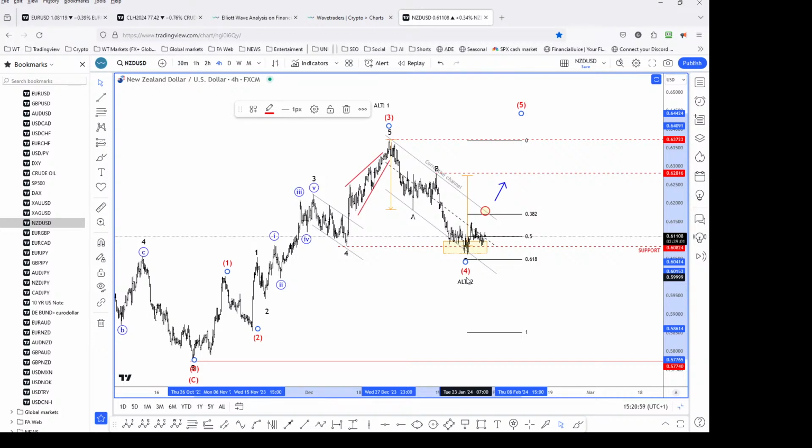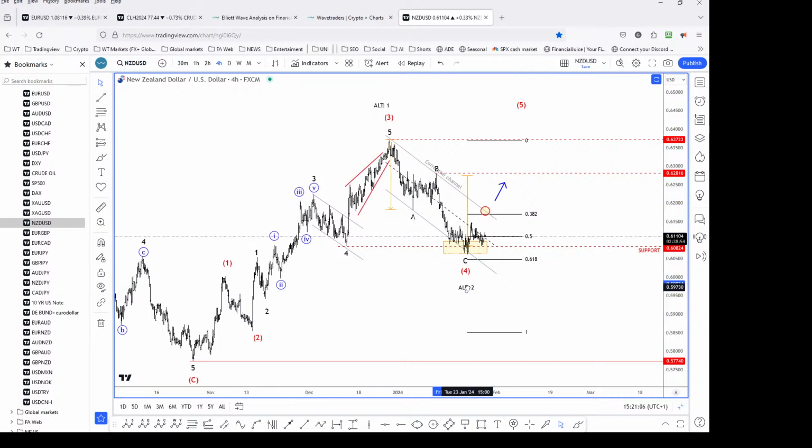So beyond that level I had my stops. It also helps you to identify a better risk-reward trade rather than putting stops into the territory of wave 1 here, right?